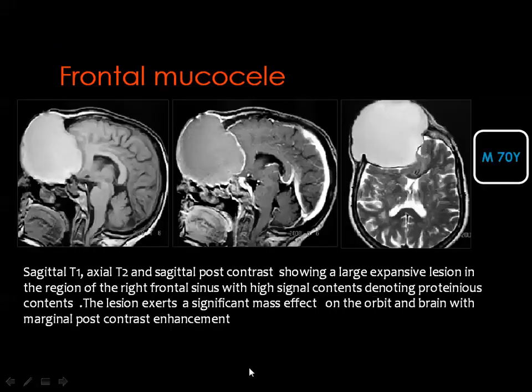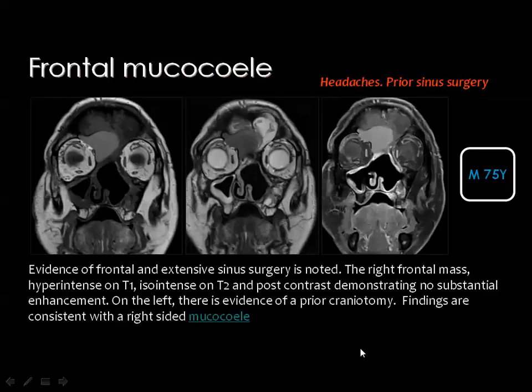And here you can see the mucocele by MRI, on the T1 weighted image. The contents are somewhat bright because of the mucinous or high proteinaceous content of the lesion. On T2 weighted images, the contents are somewhat darker, and you see the significant encroachment of the lesion on the cranial cavity.